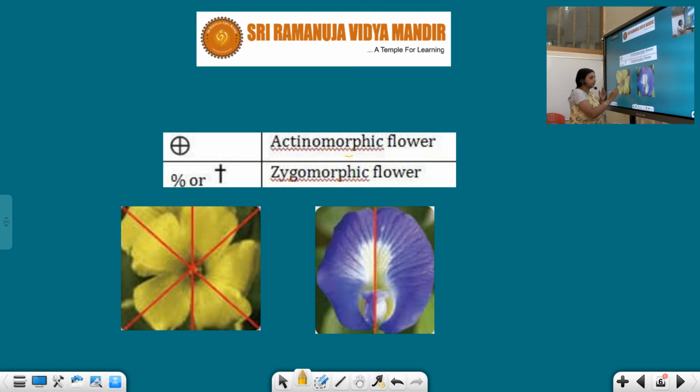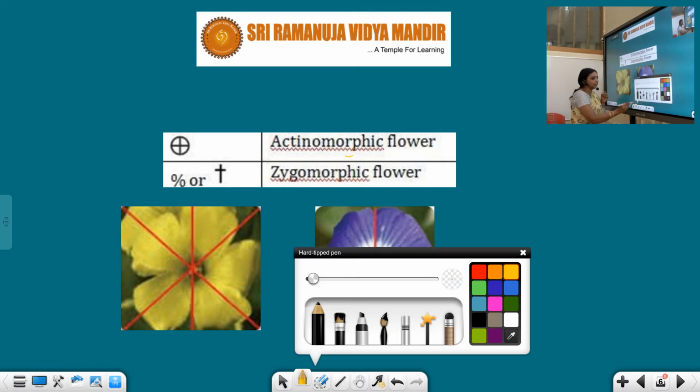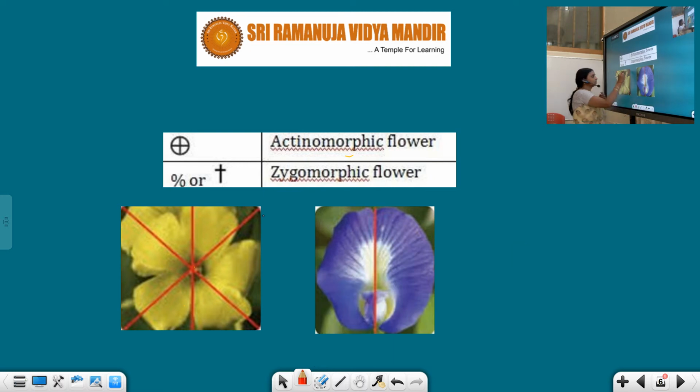Here you can observe that in all the planes, it is cut into equal halves. In this plane, in this plane, in this plane, the flower can be divided into 2 equal halves, and it is crossing the center. So that type of flower is called actinomorphic.